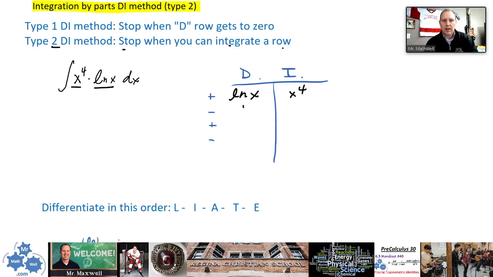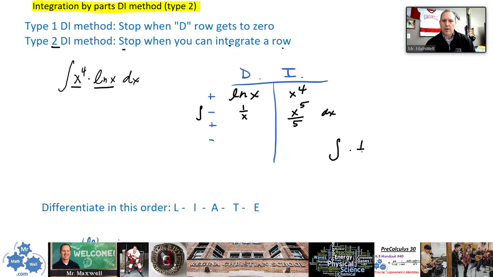So the derivative of ln of x is 1 over x, okay? And I'm going to move over here to the integral column now. The integral of x to the 4 is x to the 5 over 5, okay? All right. Now, I'm noticing that each row is an integral. And if I put this off to the side here, look what I have.